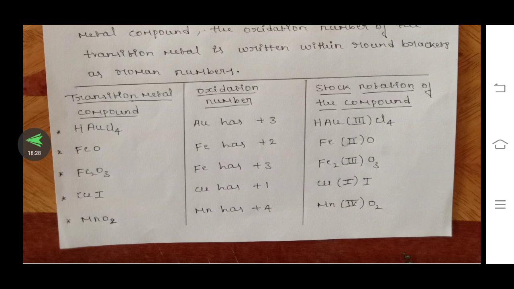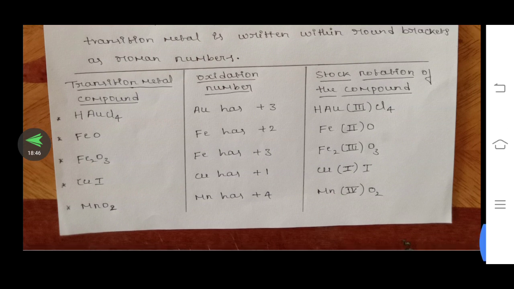In this, Au is gold, the unknown element with unknown oxidation number, which you have to calculate, so take it as X. Hydrogen oxidation state is plus 1, Cl is minus 1. Now you know how to calculate.